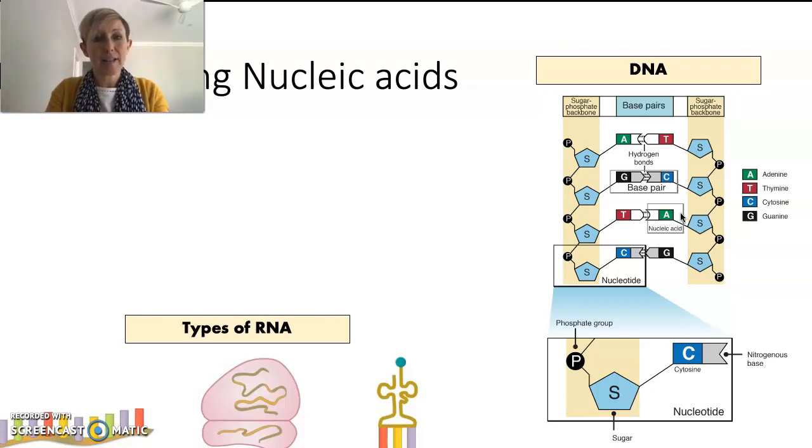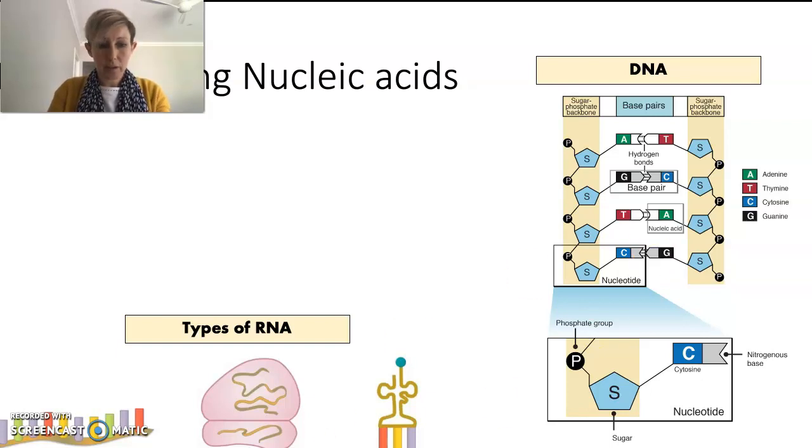RNA, on the other hand, tends to be single-stranded. So you can see here we've got a diagram of messenger RNA, which is in your PowerPoint but probably has dropped off the screen here, ribosomal RNA and transfer RNA. And if you remember when we concept mapped gene expression last term, all of these play a part in turning DNA into a protein.